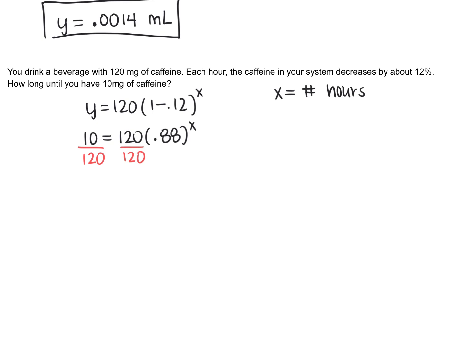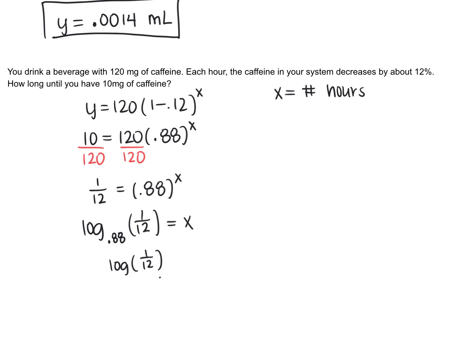So 10 over 120 becomes 1/12 equals 0.88^x, which when we convert to logarithmic form becomes log base 0.88 of 1/12 equals x. So using change of base, we'll do log 1/12 divided by log 0.88 in the calculator, and we'll get that x is 19.44 hours.